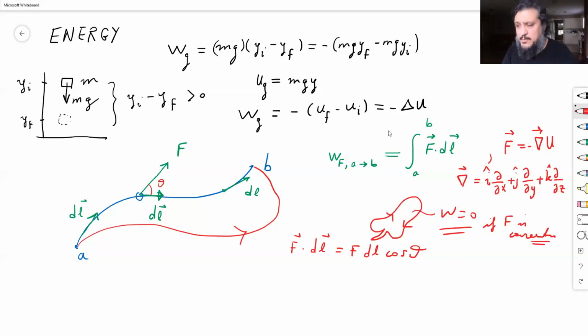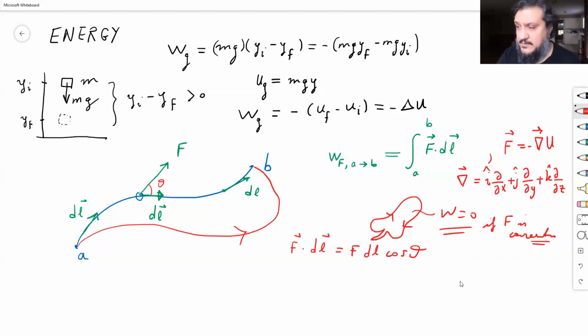So if you can find a way to calculate this integral easily, do it. In some problems, for instance, a pendulum swinging, the path is an arc, part of a circle, and that integral is a simple trigonometric integral, which you can do. I mean, it doesn't have to be really complicated.